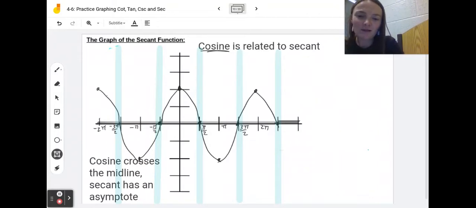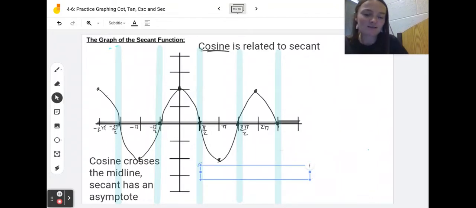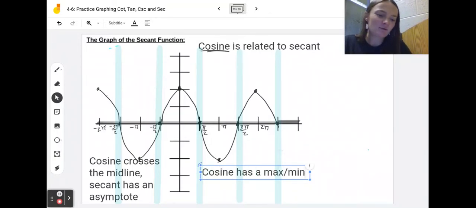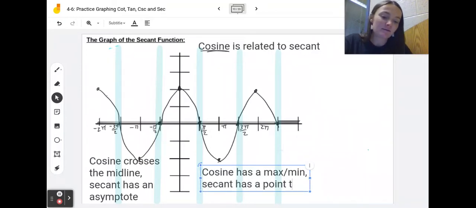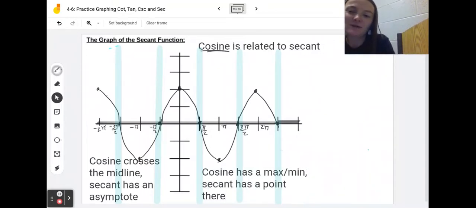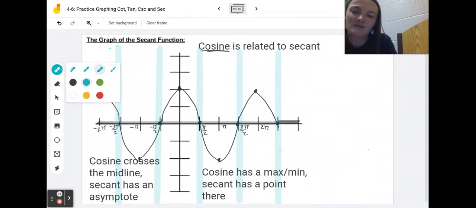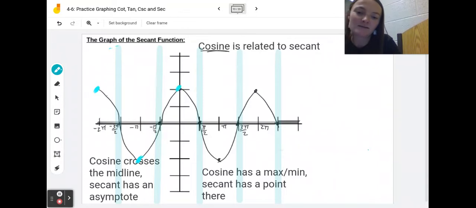One more thing that I want to conclude, which is the same conclusion from last time, we can say that when cosine has a max or min value, we can say that secant has a point there. So let's go ahead and do that. Every time cosine has a max or min, we can put a point for secant, like this.